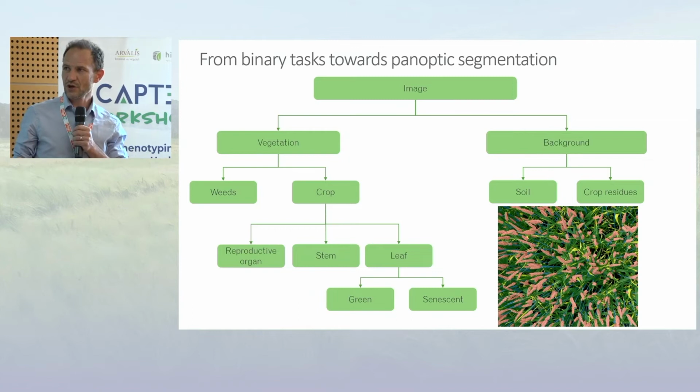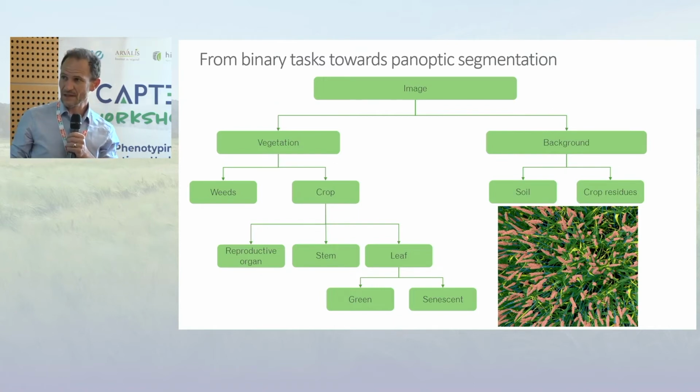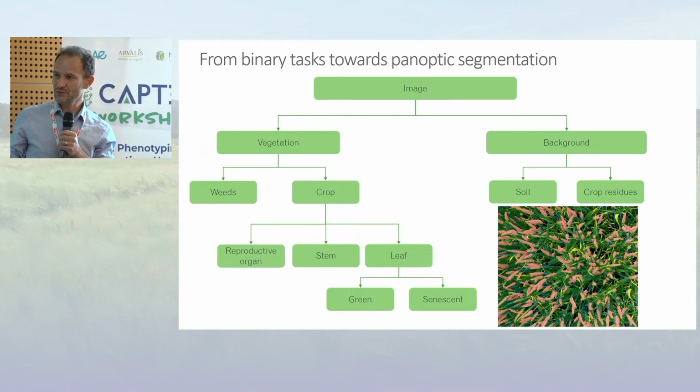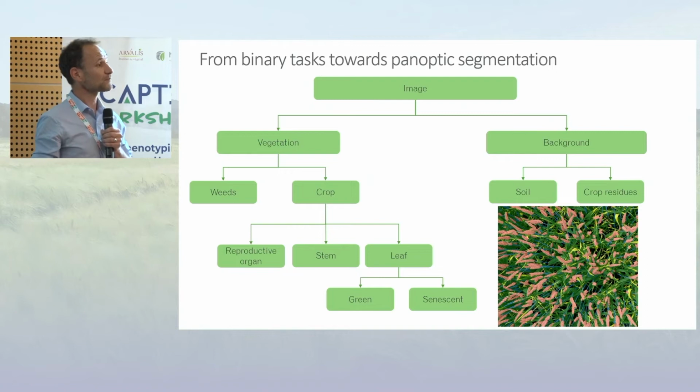From the crop, we can also identify different kinds of organs. For each organ, we can also segment the green and the senescent parts. And from the background, we can also define several classes. So it's very powerful as soon as you define specific models to segment each of these.